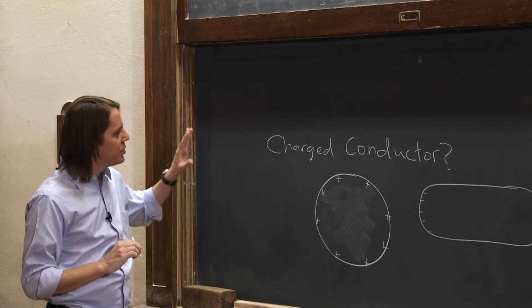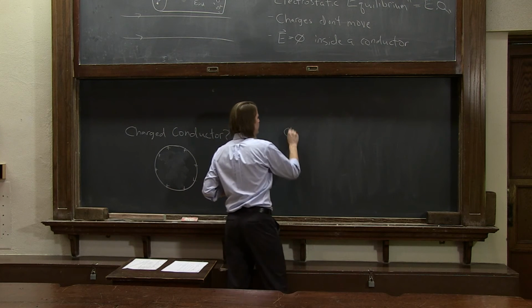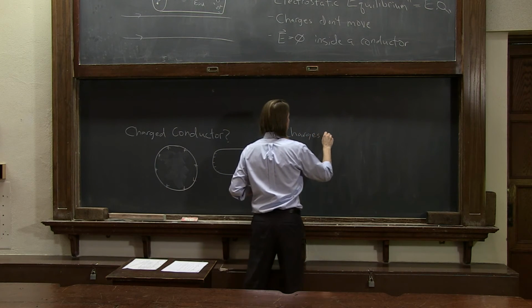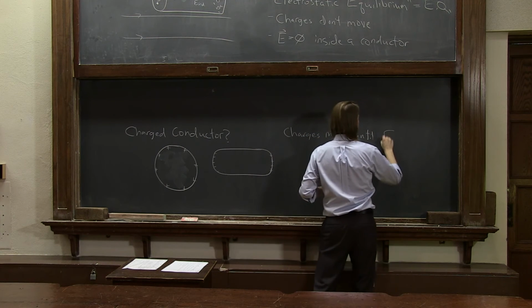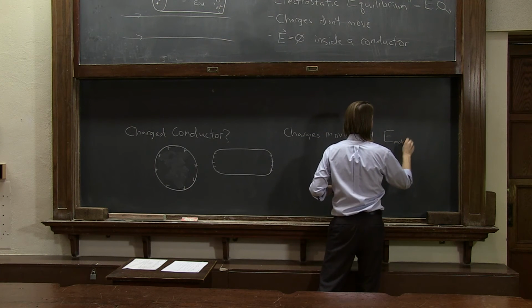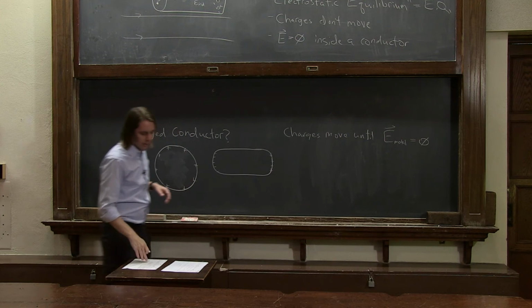So in a charged conductor, you have a fairly similar situation. The charges move until E in the metal equals 0. Right?